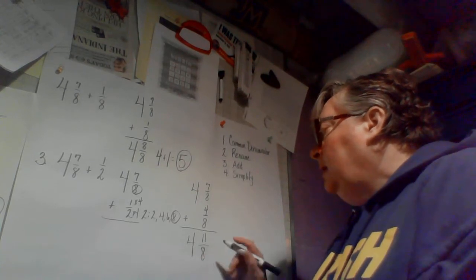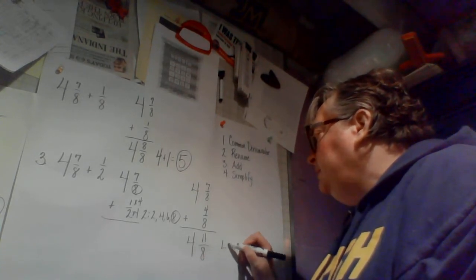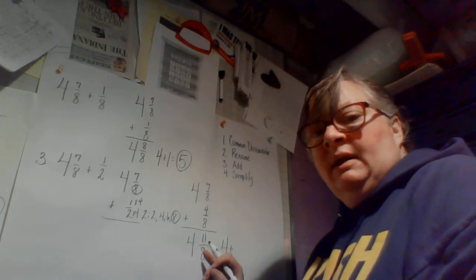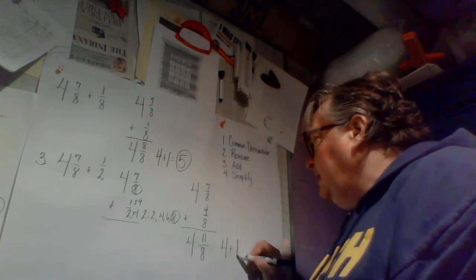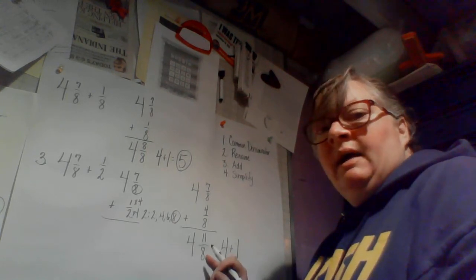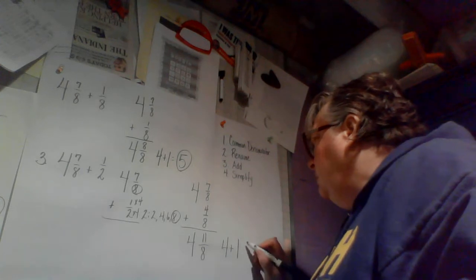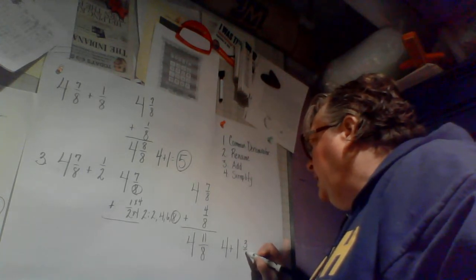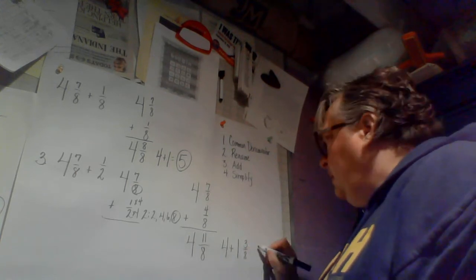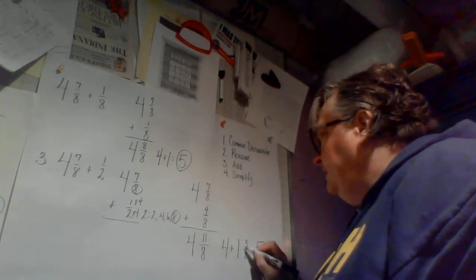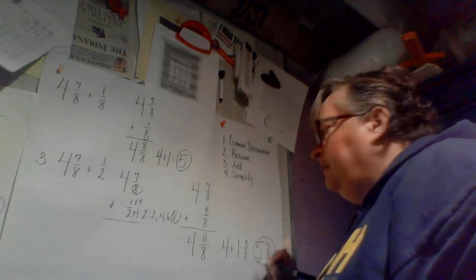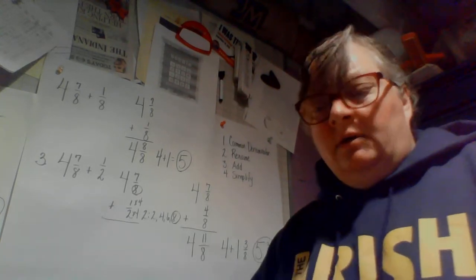So I have 4 plus, how many 8s are in 11? 1 eight is in 11, and then I have 3 left over. So 1 and 3/8. So that 4 plus that 1 is a 5. And then our 3/8. So 5 and 3/8 is our answer.